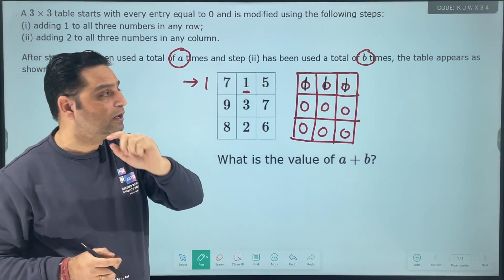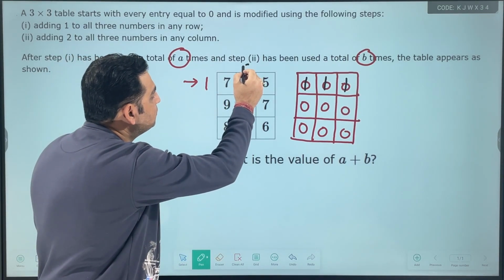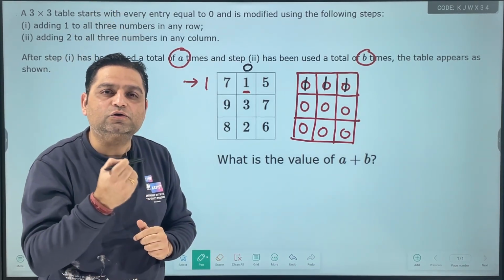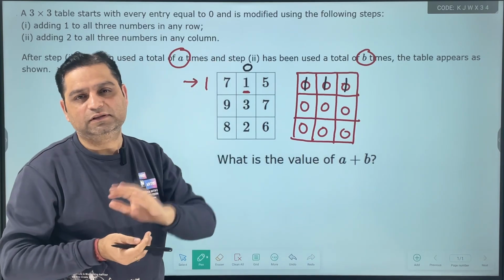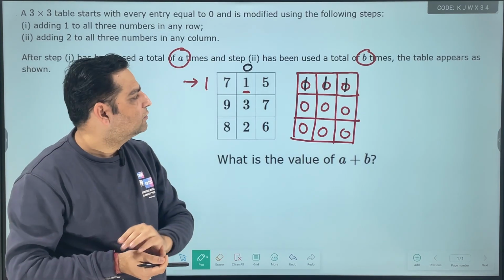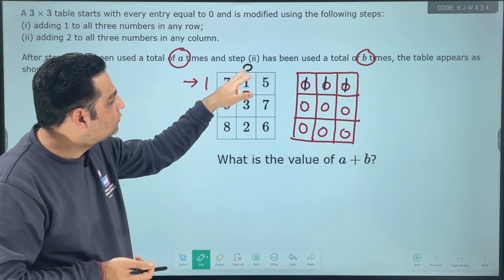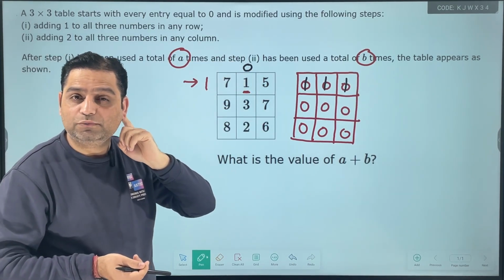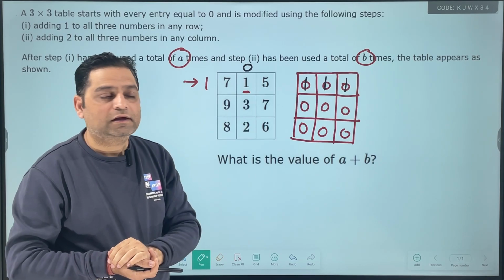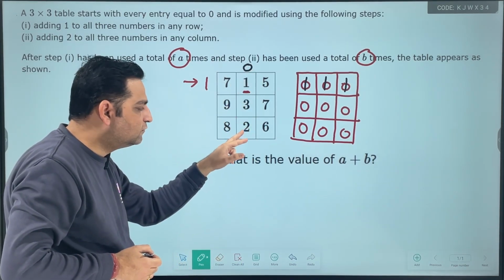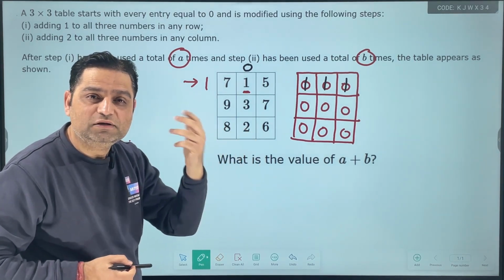Then further I realized that there is no column change here, because a column change means adding 2 to all the numbers in the column. There is no change here, that is why 1 remains 1. So I have written 0 here. No change in column 2. If there is no change in column 2, still it is becoming 3, still it is becoming 2. What does that mean?